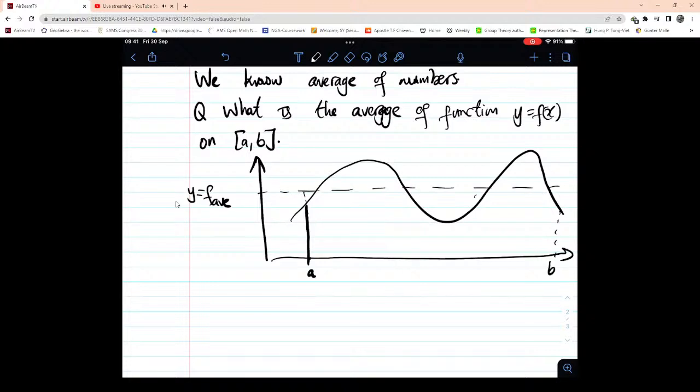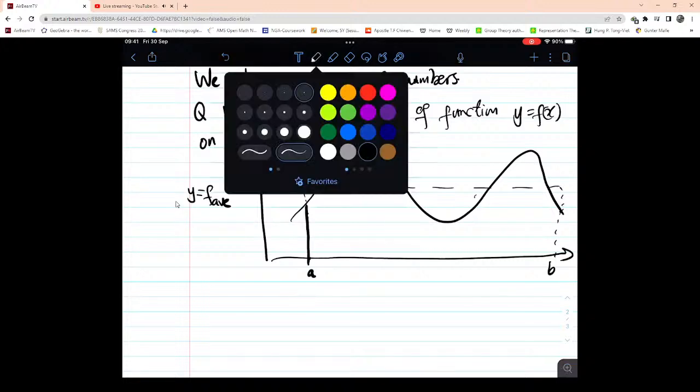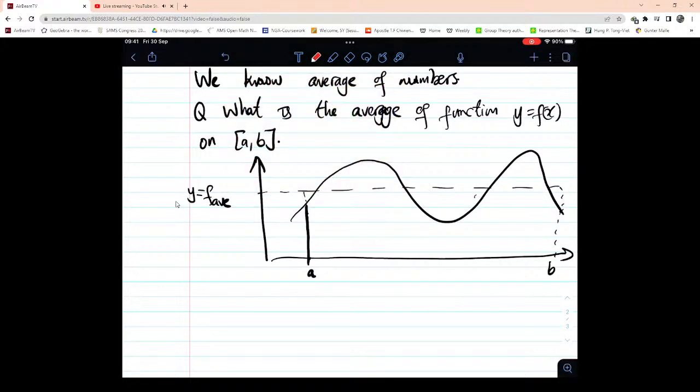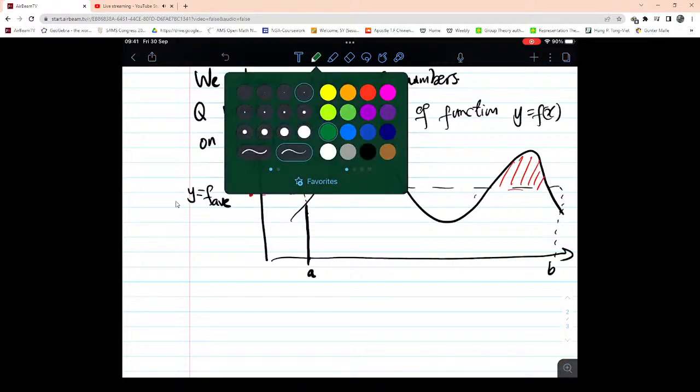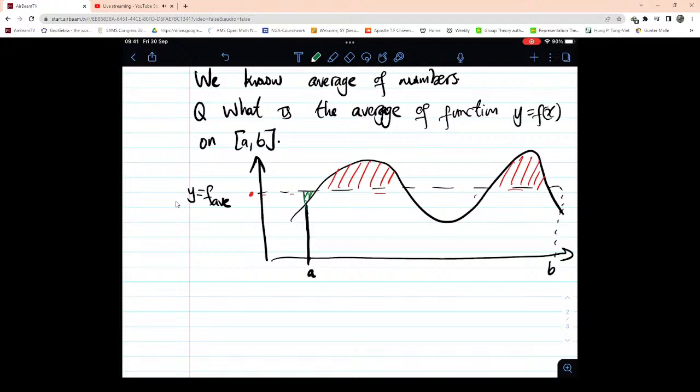This is a rough sketch, so it's not going to be accurate, but the point is, if that line is the average of this function from a to b, what it would mean is, if I take this space and that space, and take that space from the bottom part there, and add, it would mean that the green area would be equal to the red area.